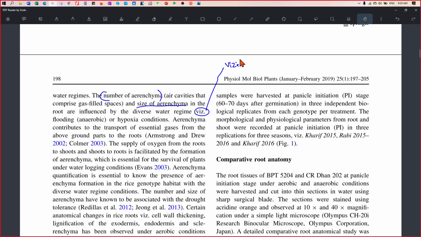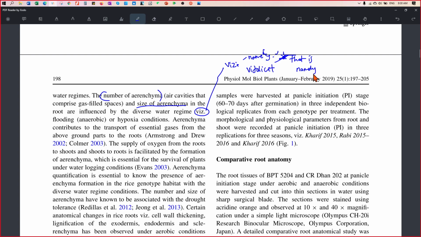This actually means namely, or that is. The full word for this, I think, is called videlicet. It means namely, or that is.